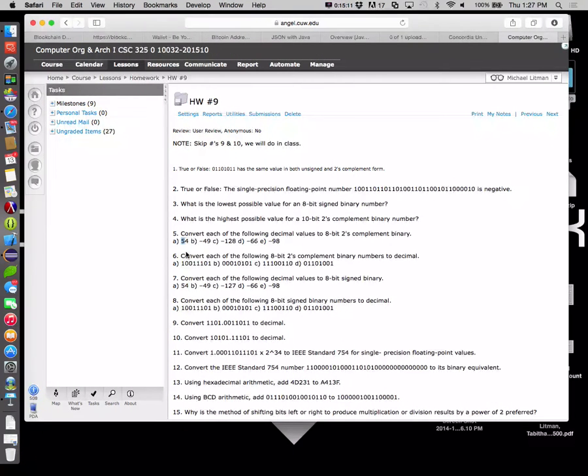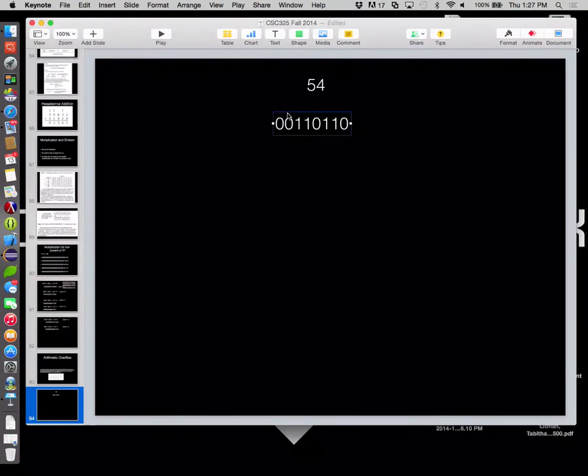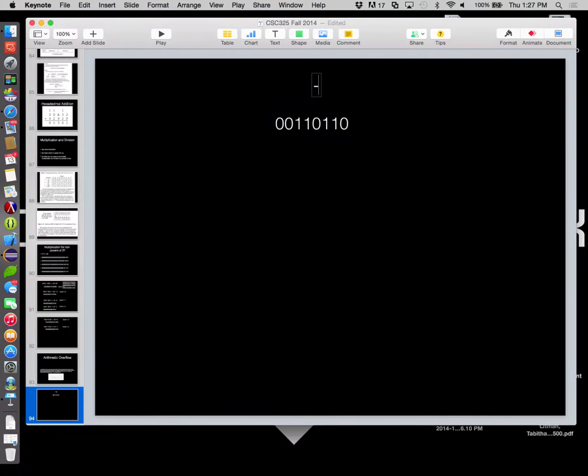Okay, next one. Negative 49. We're going to convert positive 49 to binary, then take the 2's complement of that to get us to a negative 49. So positive 49, that is a 32 plus a 16 plus 8, 4, 2, 1.